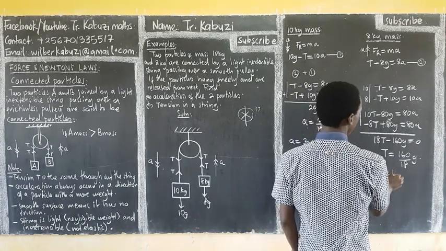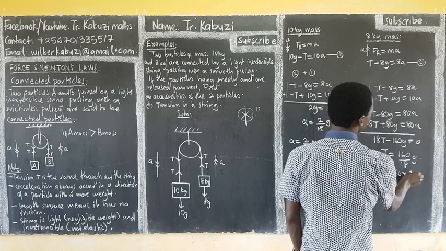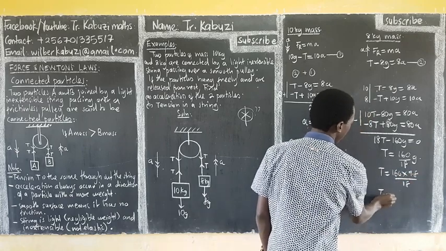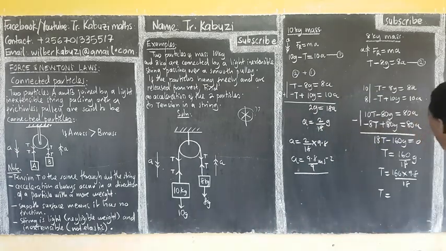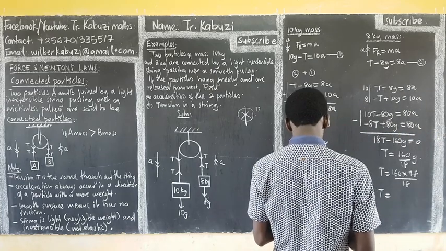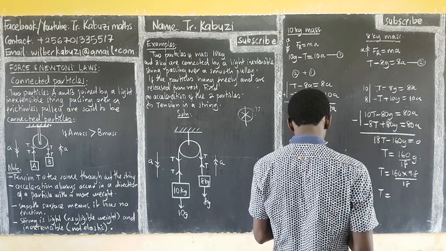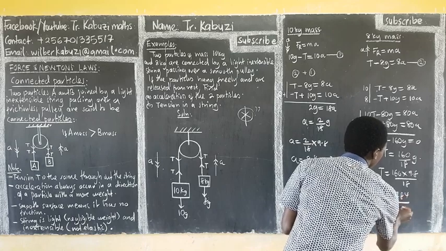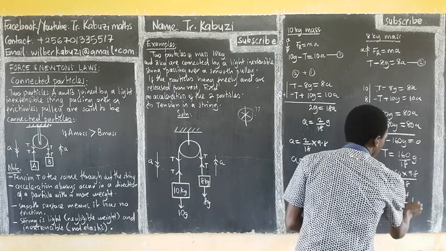Our T is going to be 160 times 9.8 over 18, and easily simplified, this is going to be 784 over 9 newtons.